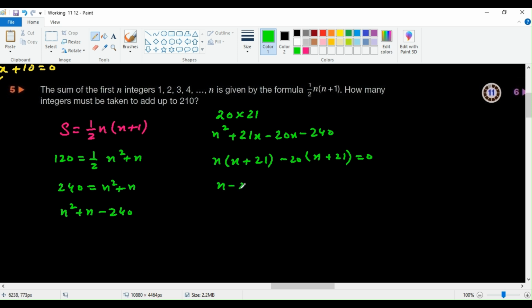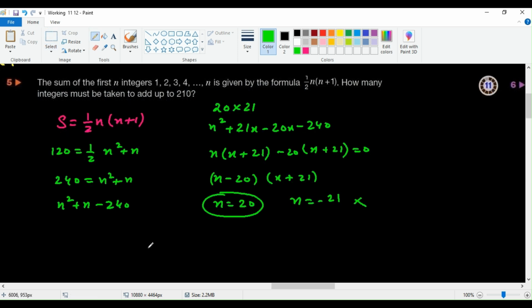So n minus 20 is going to be in the first bracket, and the second bracket is going to give us n plus 21. So n value is positive 20 and n value is negative 21. So this one we will not consider. So the total number of integers is going to be 20.